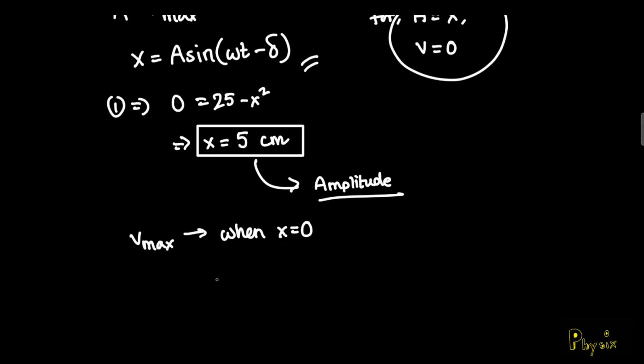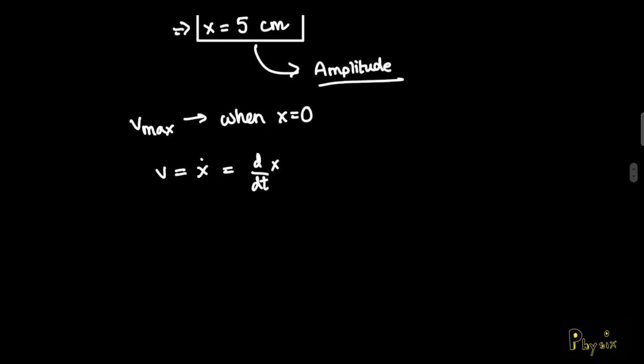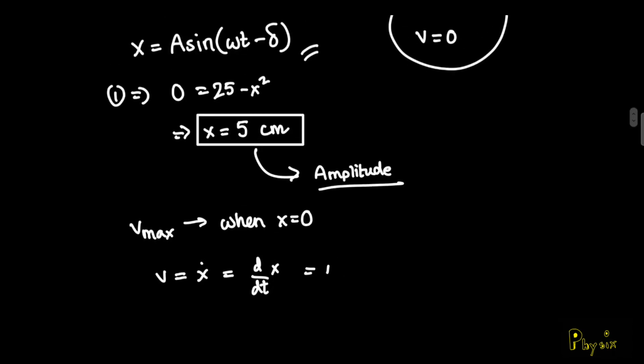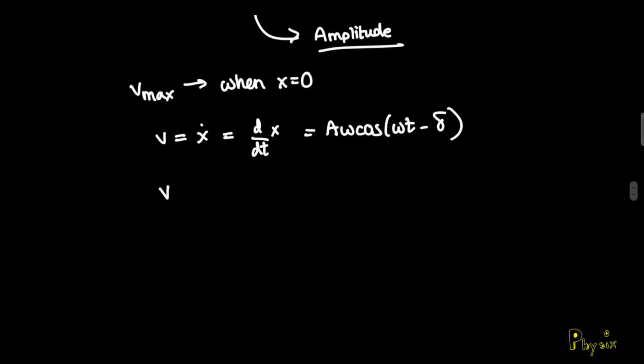We also know that the velocity function is the first derivative of the displacement function, d/dt of x. If you take the derivative, you get A ω cos(ωt − φ). Now, for v max, this is basically A ω.